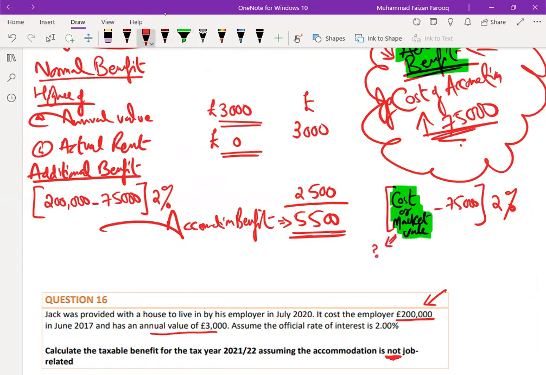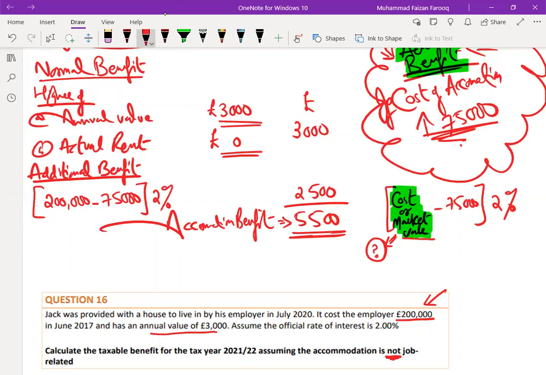Till now, we did question number 16 and question number 18, where only cost was given. But what if both are available in the question? What if both are given in one particular question? What should we take?